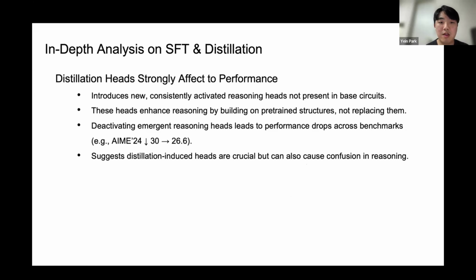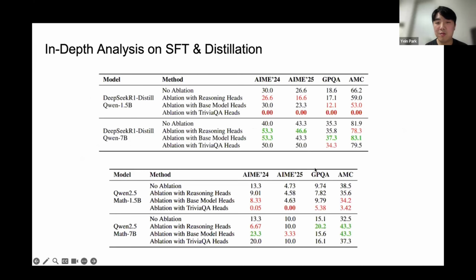And these heads enhance reasoning by building on pre-trained structures, not replacing them. And deactivating these emergent reasoning heads leads to a performance drop across benchmarks. And this suggests that distillation-induced heads are crucial, but can also cause confusion in reasoning, which means we also can see some kind of increase in performance when we update those heads.